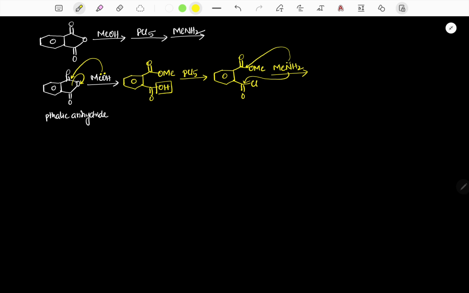So two possibilities are there, and we know the general order of reactivity in nucleophilic substitution: RCOX is more reactive than RCO-O-COR, more reactive than aldehyde, more reactive than ketone, more reactive than carboxylic ester, more reactive than carboxylic amide.